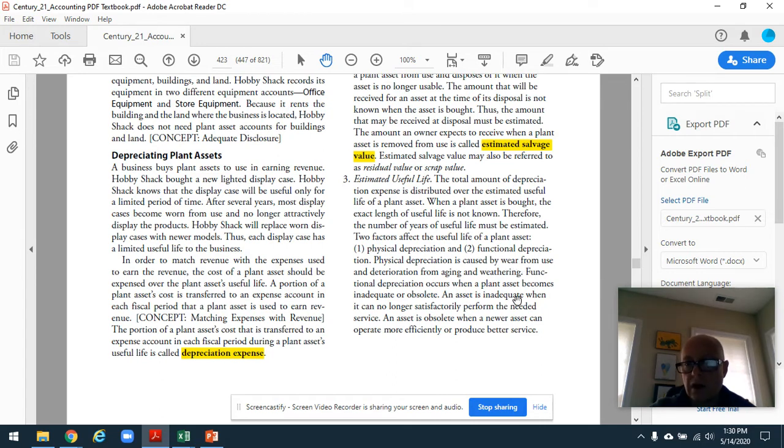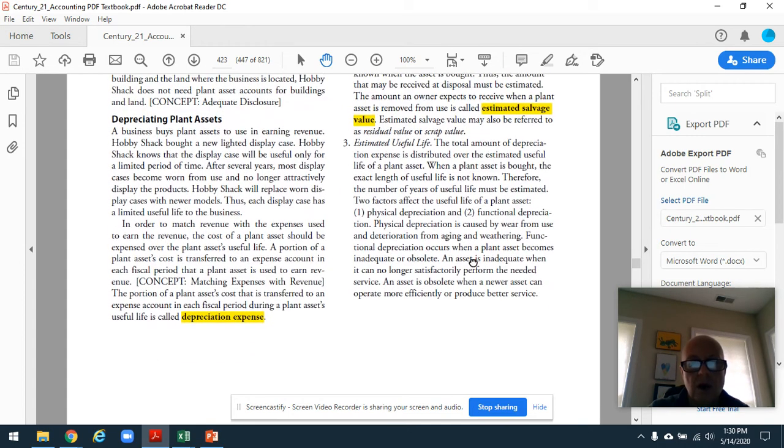Okay, how long is it going to last? How long is it before it's going to be obsolete? And then, how hard are you using it? Does it wear out through normal use? If it's wearing out before the end of its estimated life cycle, 2 things are happening. Either you're buying an inferior product or you're working it too hard. So these are things that managers need to consider.